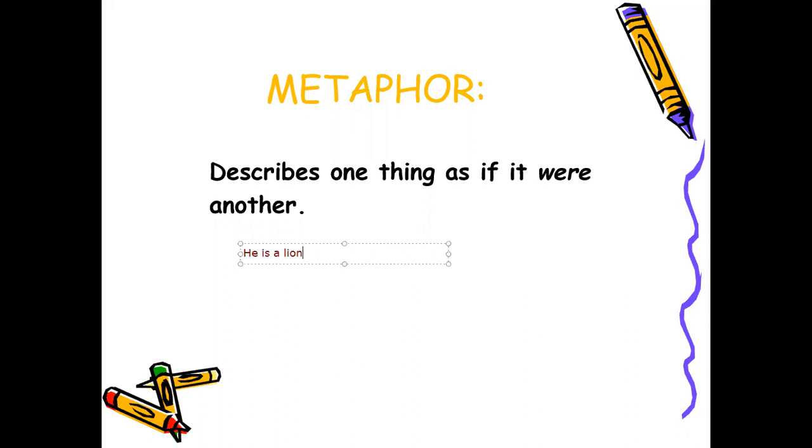Really? Is this a true sentence? Can someone be a lion? Impossible, right? So here, when I say he is a lion, that's a metaphor. I say something and I mean another thing. The other thing that I mean is that he is brave, he's courageous. He is very brave like a lion. Okay?